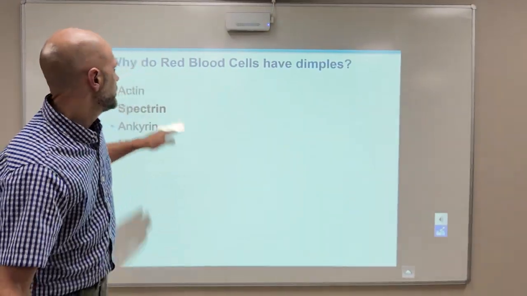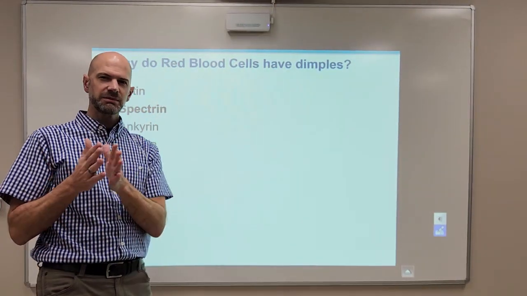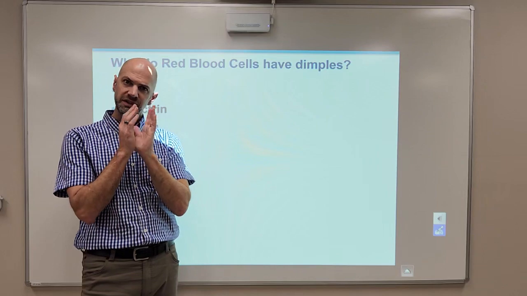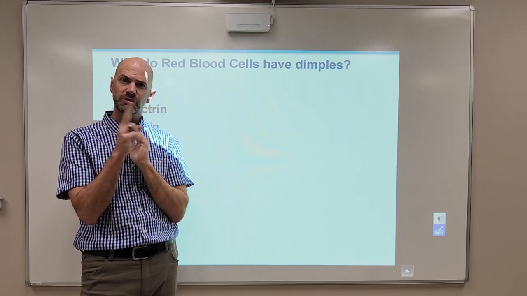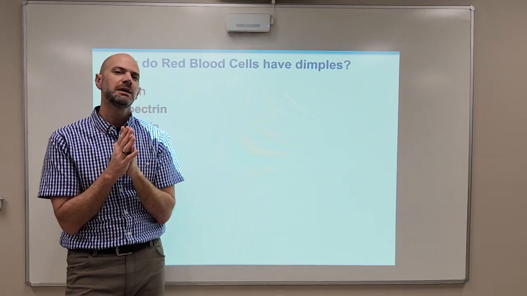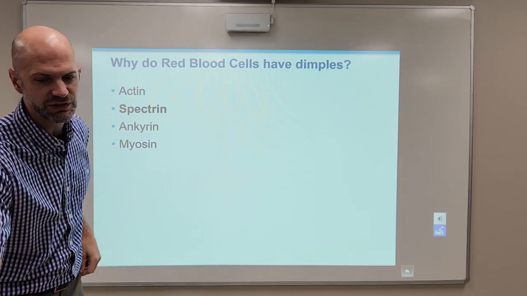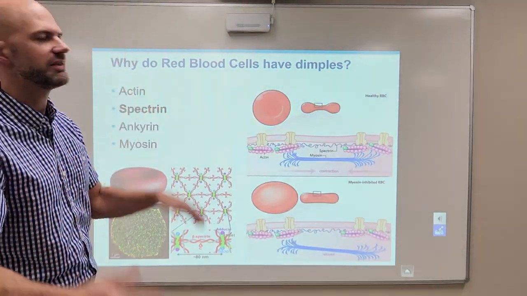All right, so question, why do red blood cells have dimples? Well, we talked about before that it makes them very flexible, gives them a high surface area, and allows for rapid gas exchange. So that's the functional reason for that. But the structural reason is because of a protein called spectrin. This is just kind of a trivia thing.